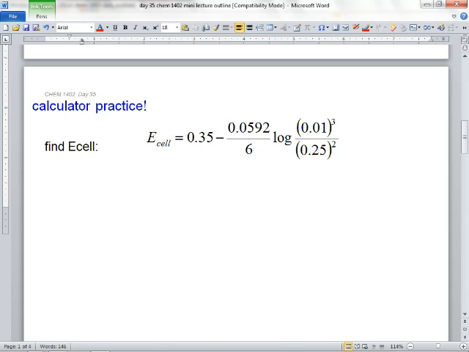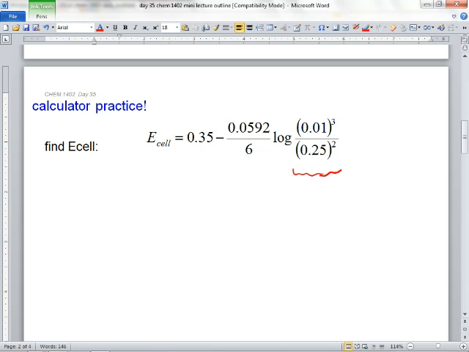You don't have much choice here. You got to do what's inside the log first. Right? And hopefully you can find your Q button and your square button.